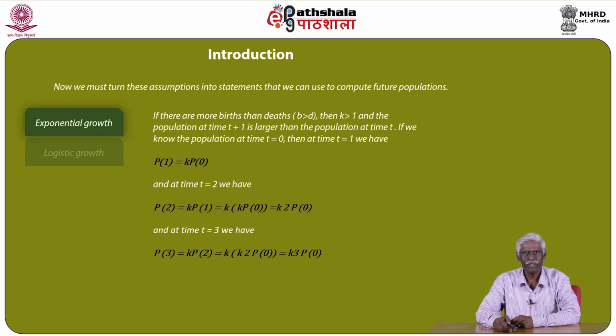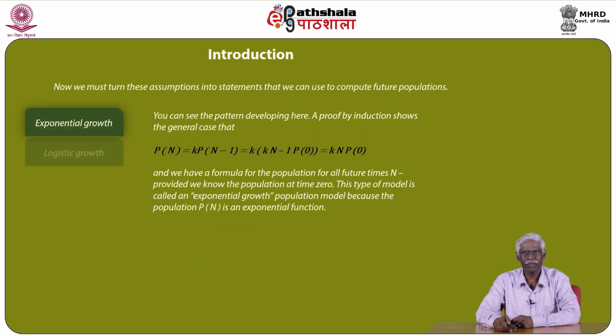And at time t equals 2, we have P(2) is equal to k P(1), which is equal to k times k P(0), which is equal to k squared P(0). And at time t equals 3, we have P(3) is equal to k P(2), that is k times k squared P(0), which is equal to k cubed P(0).